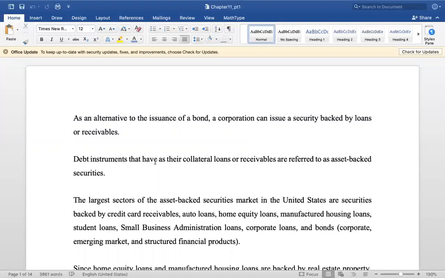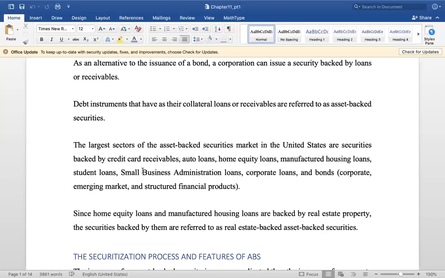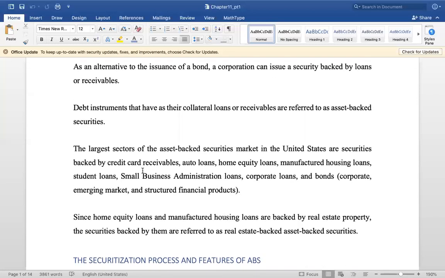These are the debt instruments that have as their collateral a loan or receivables, and they are referred to as asset-backed securities. The largest sector of the asset-backed securities market in the United States is securities backed by credit receivables, auto loans, home equity loans, manufactured housing loans, student loans, and Small Business Administration loans.